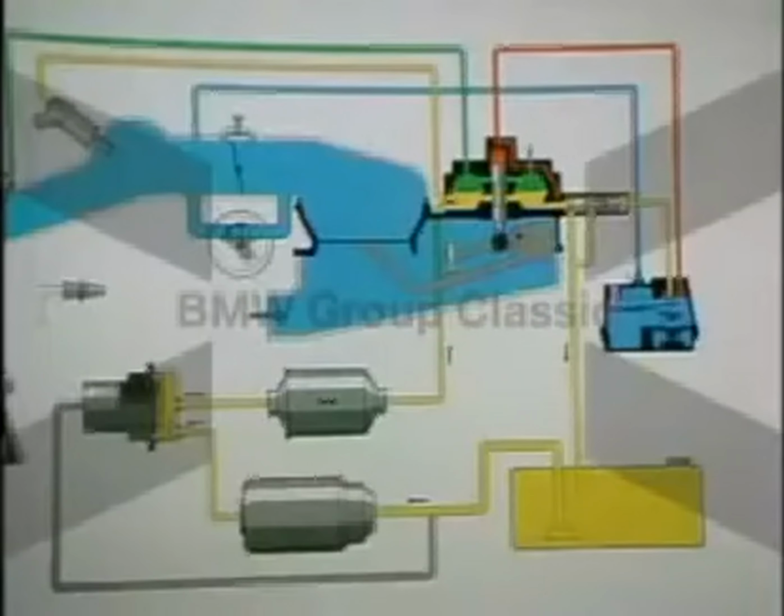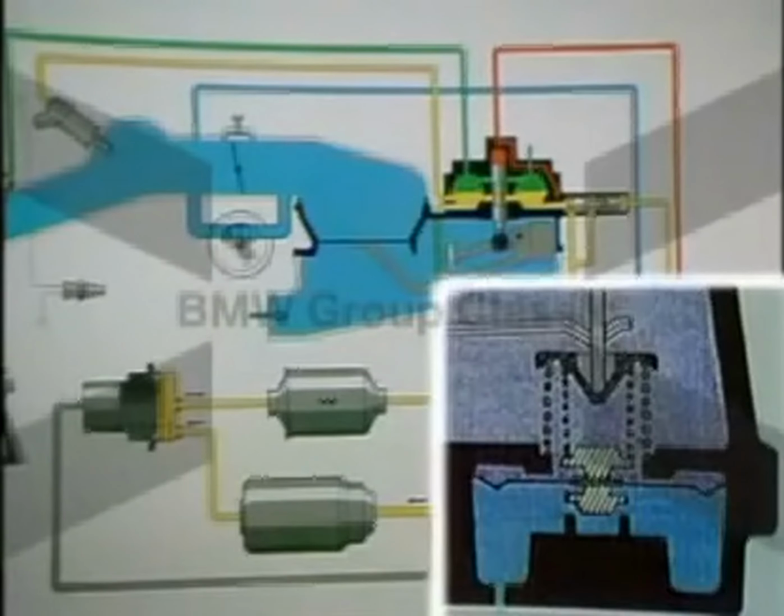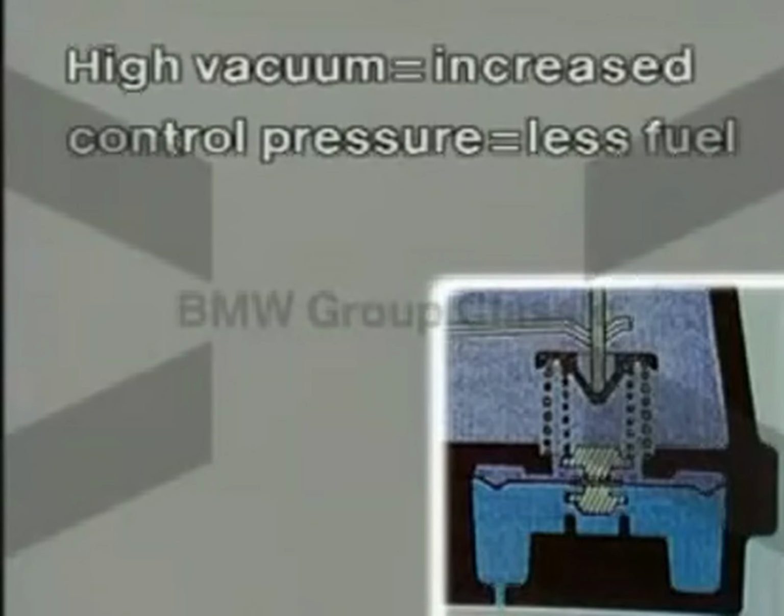Quite independently of these temperature-related factors, the respective control pressure is additionally corrected through the vacuum pressure in the suction pipe via a membrane in the warm-up regulator. This means that high vacuum in the intake system results in higher control pressure, i.e. less fuel.